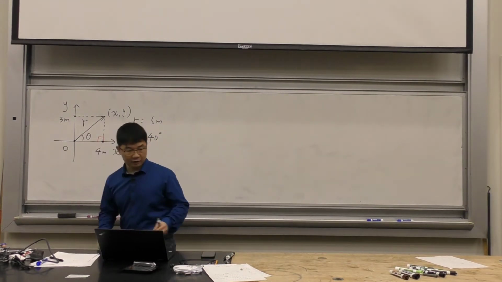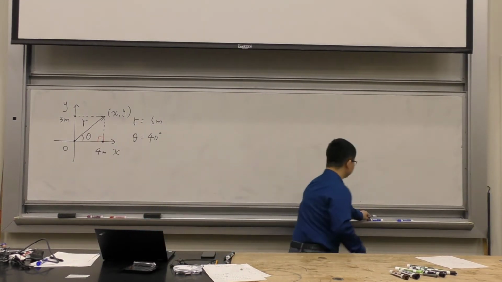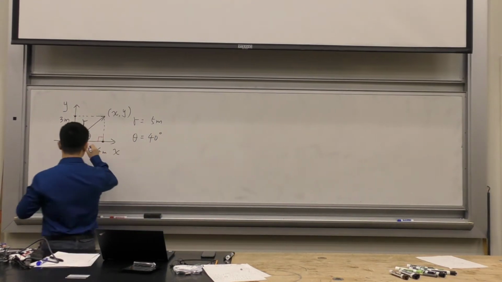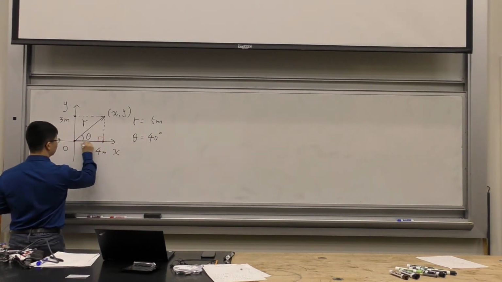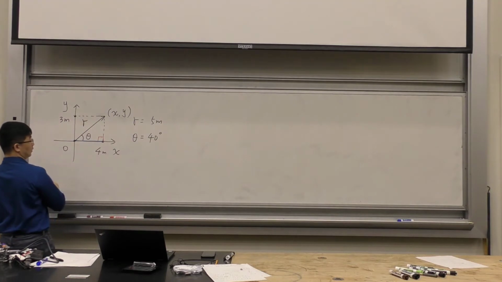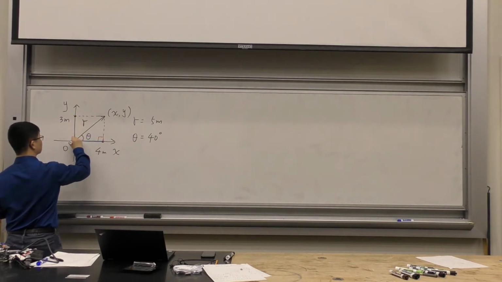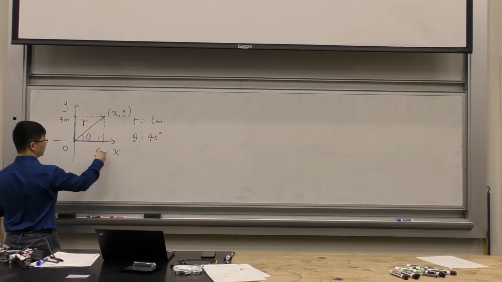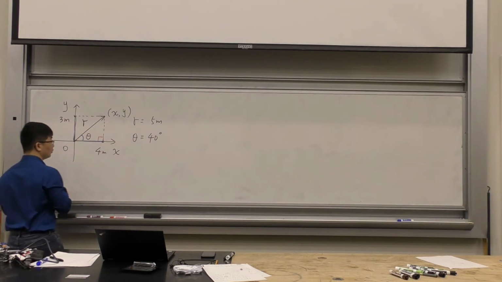Because the x is just going to be this side of this right triangle, and y is this side. So this is going to be the x component, this is going to be the y component.